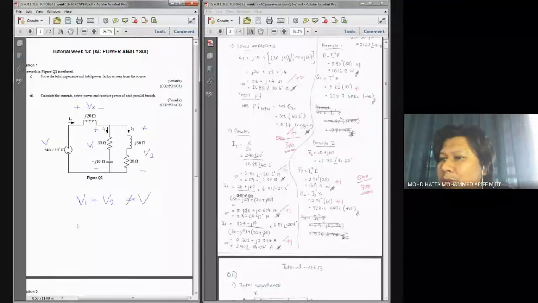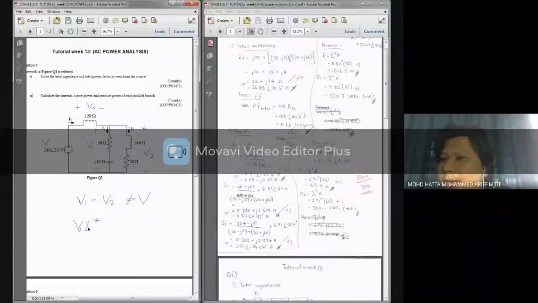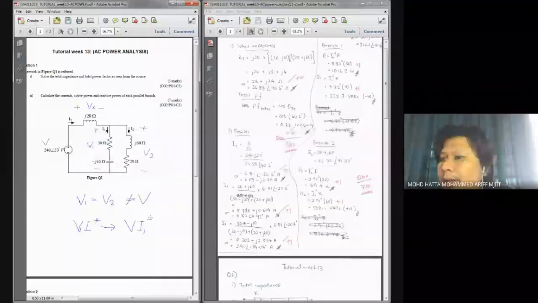So to use VI conjugate, I over here is very straightforward, because we have V I1 conjugate, and we can also use V I2 conjugate.